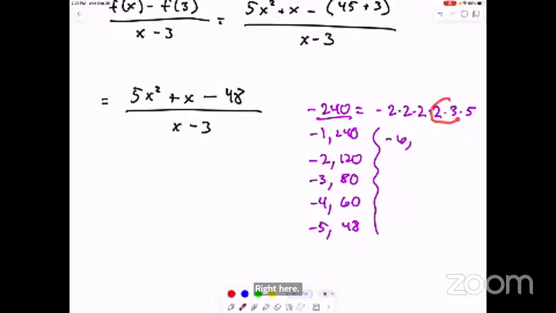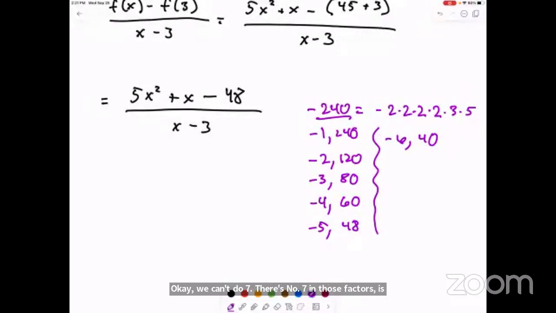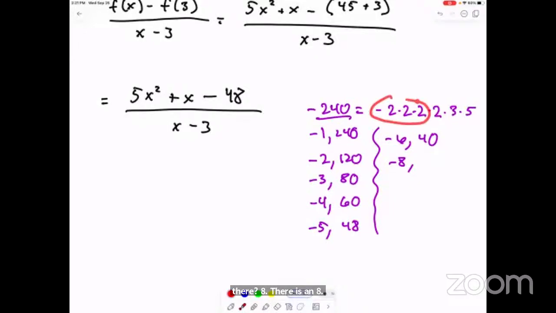So then what's left? A 10 and a 4 is a 40. We're almost there. Okay. We can't do 7. There's no 7 in those factors. Is there an 8? There is an 8. If we use this 8 here, what's left over? 10 and 3 is 30. Okay. Can we do 9? There's no 9. We can do 10.